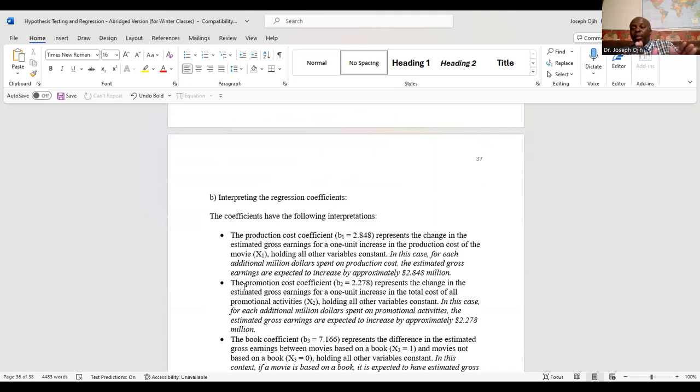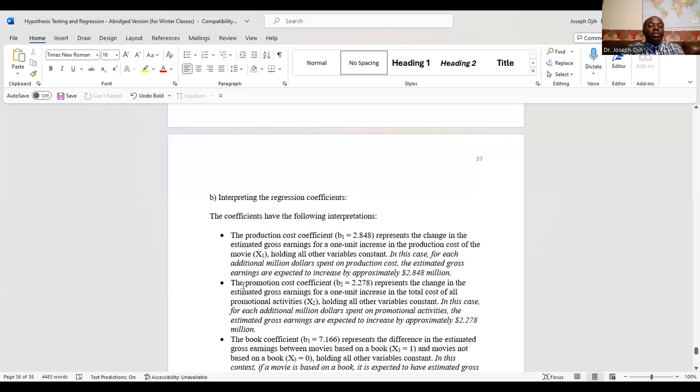In plain terms, for each additional dollar spent on promotional activities, the expected gross earning is expected to increase at the rate of 2.278 million.